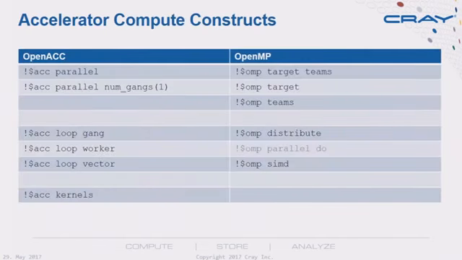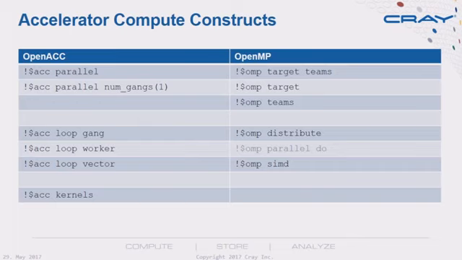So starting with the compute constructs, we have on the one side OpenACC, on the other side OpenMP. We have the OpenACC parallel, and on the other side the OpenMP target teams, which just state that we want to parallelize.